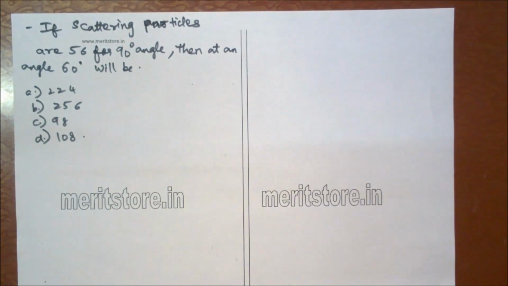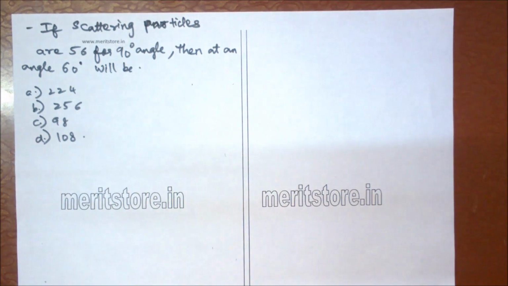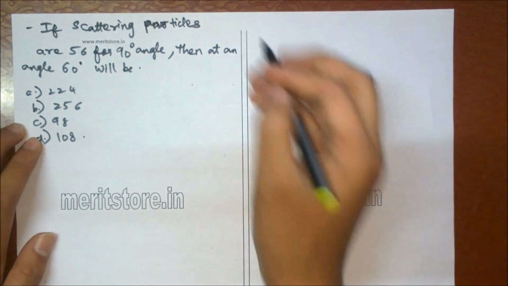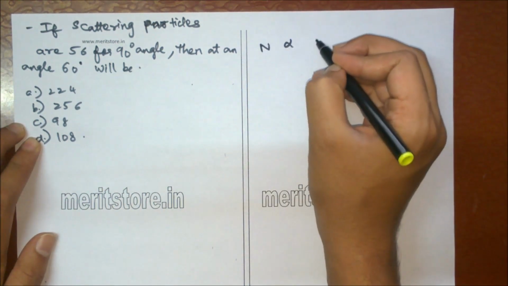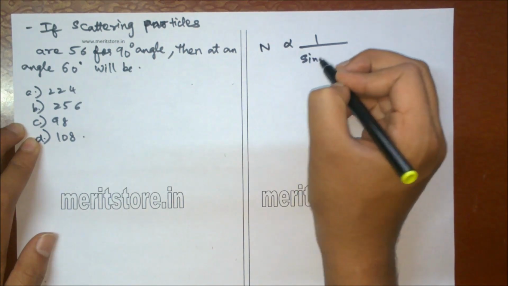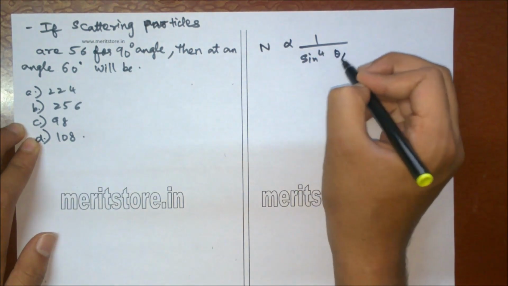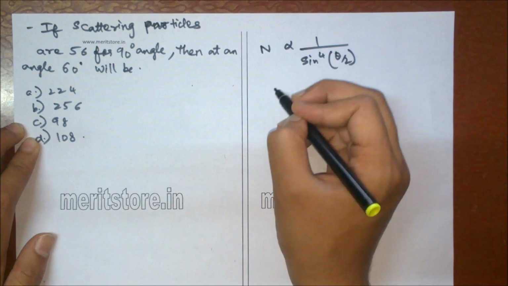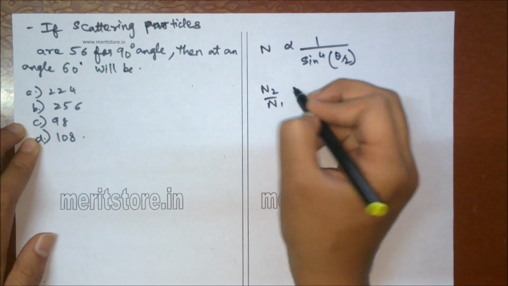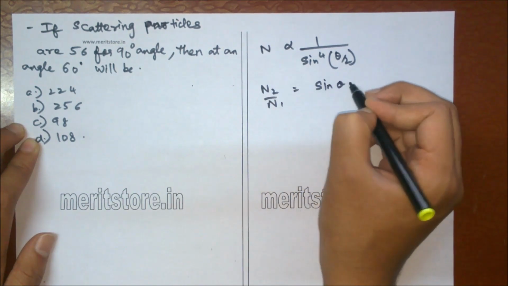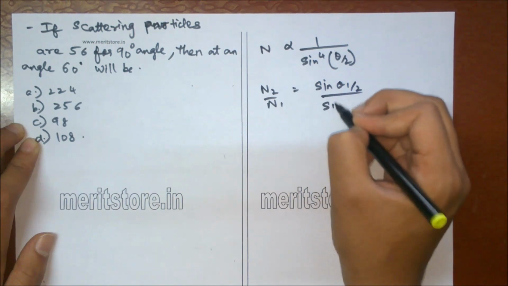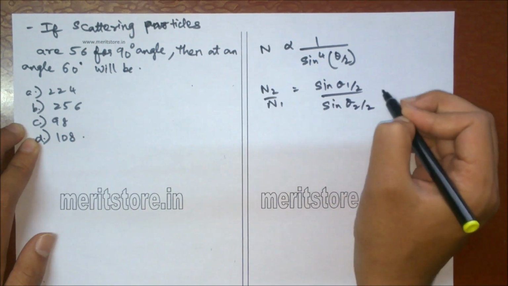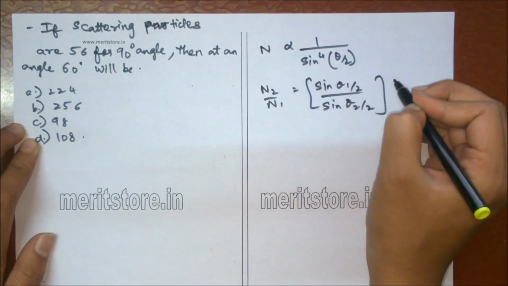Scattered particles are 56 for 90-degree angle, then the number for 60-degree will be. According to scattering formula, N is directly proportional to 1 upon sine raised to 4 theta by 2. So N2 upon N1 is equal to sine theta1 by 2 upon sine theta2 by 2 raised to 4.